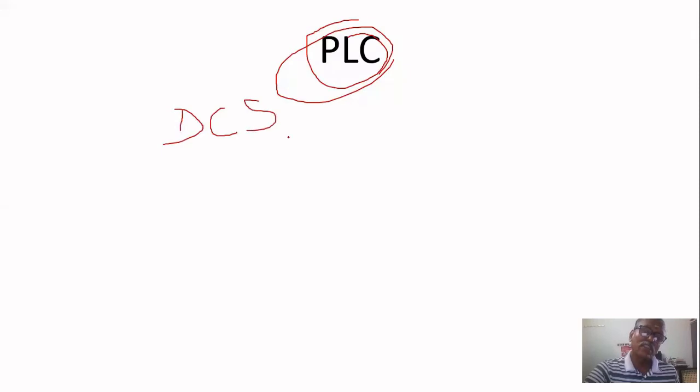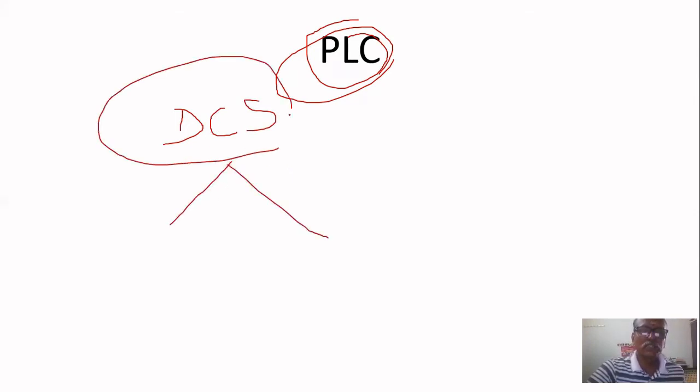Then PLC. Nowadays, PLC is also a subset of DCS. All PLC operations can be done by DCS, but not all DCS operations can be done by PLC. That's why PLC is also a subset of DCS. DCS is the superset. The SCADA comes under DCS. It only does two purposes.